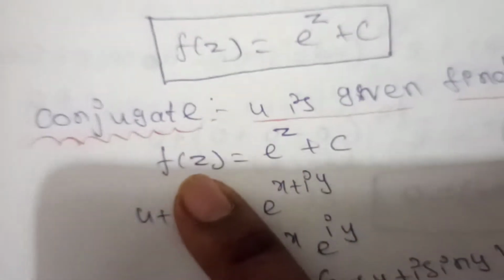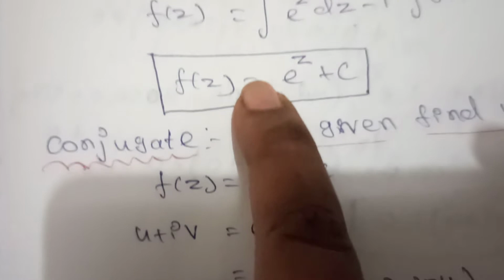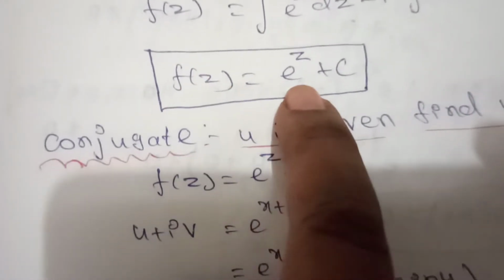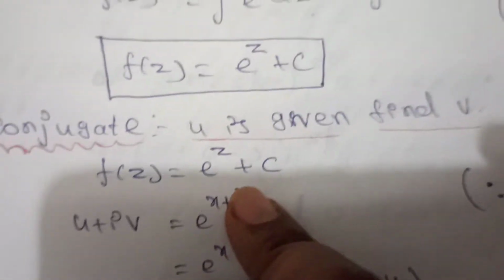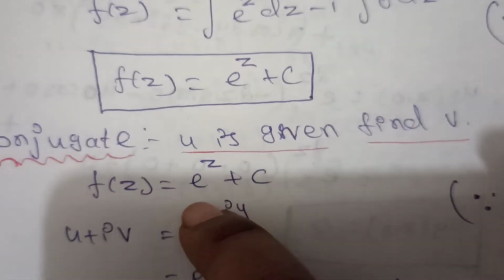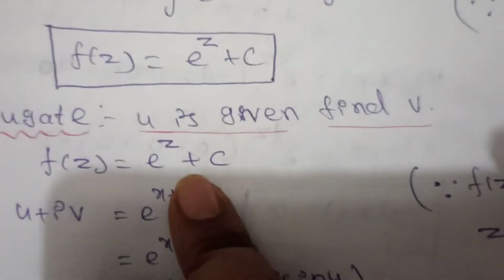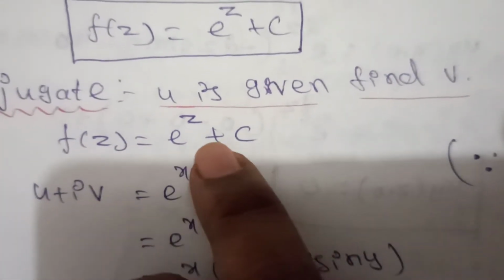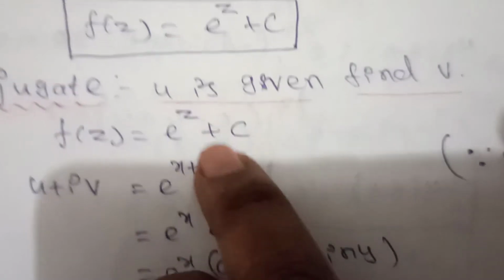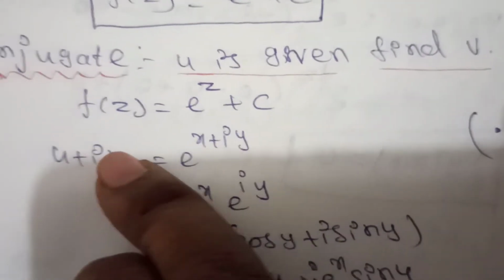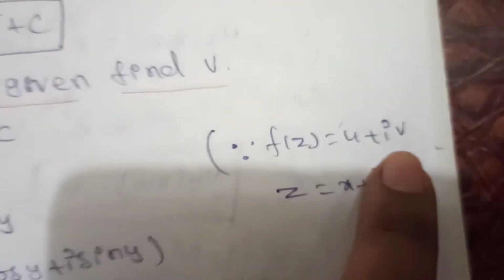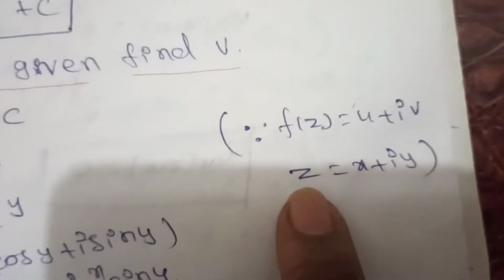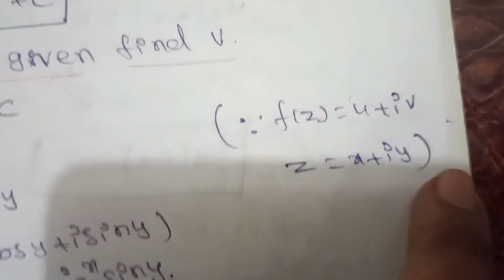Take the f(z) value, the analytic function, which is e^z plus c. Next, in this, replace the complex numbers: f(z) is u plus iv, and z is the complex number x plus iy.